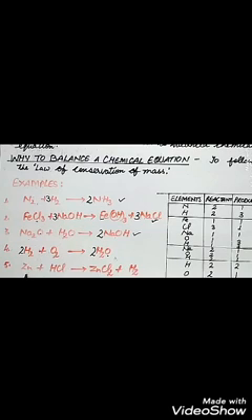Then next, zinc plus HCl gives ZnCl2 plus H2. Now first write the elements here. Zinc is 1 on the reactant side and 1 on the product side. Hydrogen 1 on the reactant side, 2 on the product side.